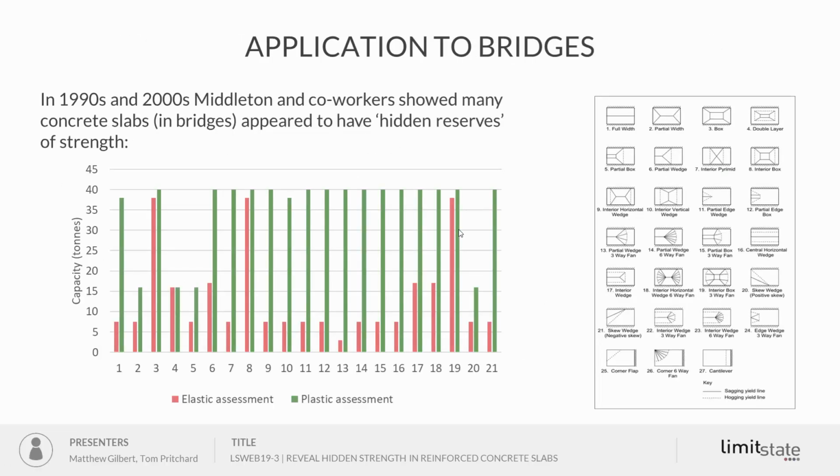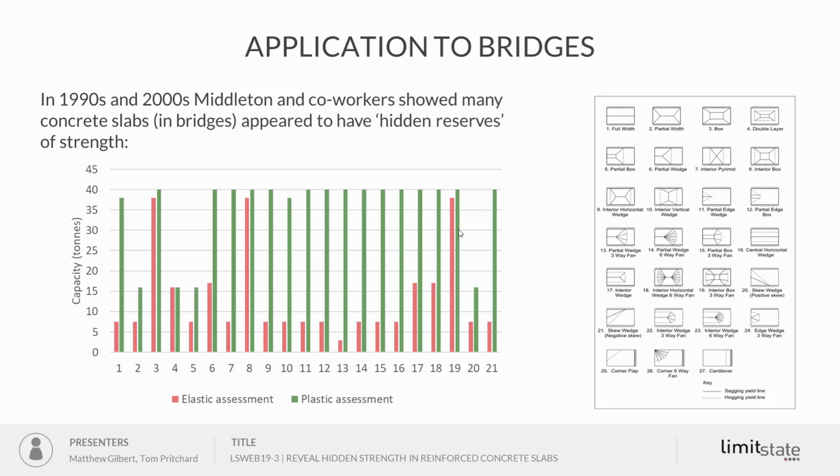In terms of application, this is some years old now, but in the 90s and 2000s, Middleton and co-workers at Cambridge used the yield line method very effectively to demonstrate that many UK bridges had hidden reserves of strength.